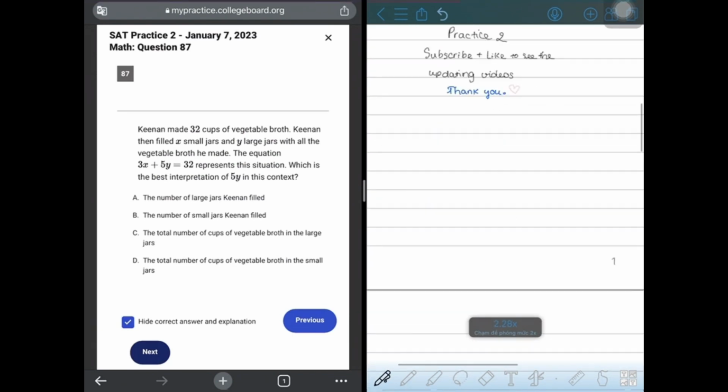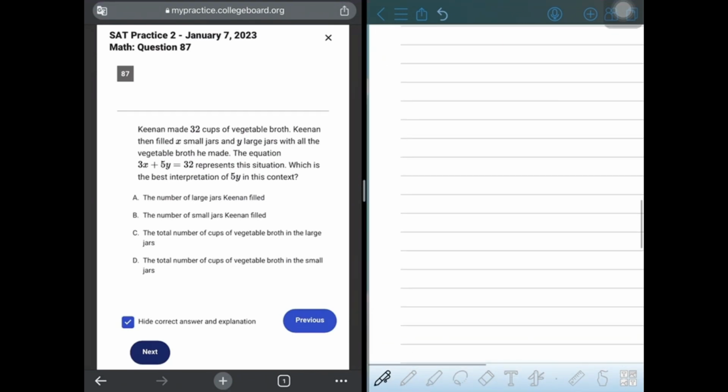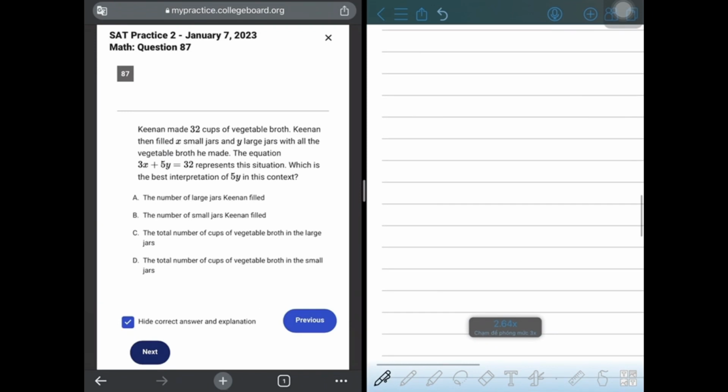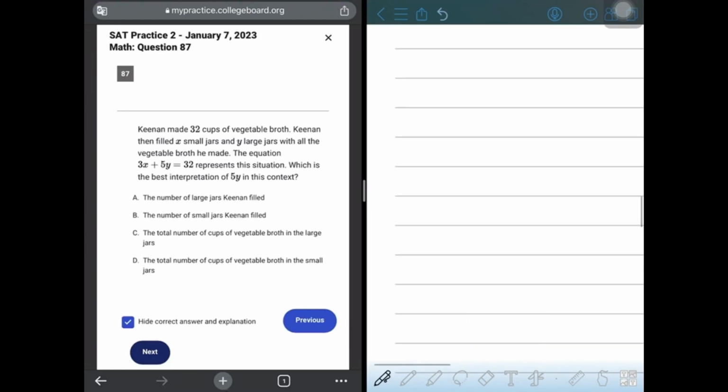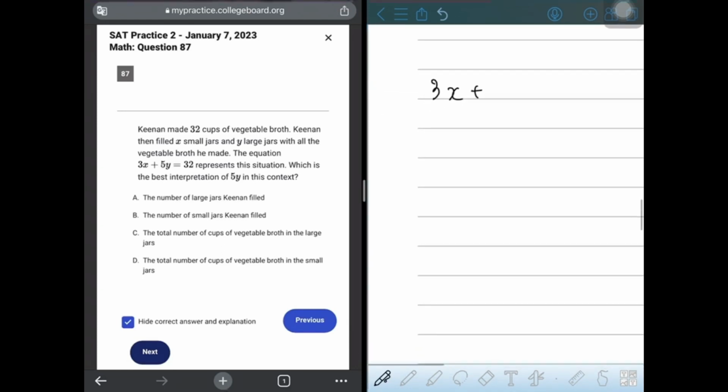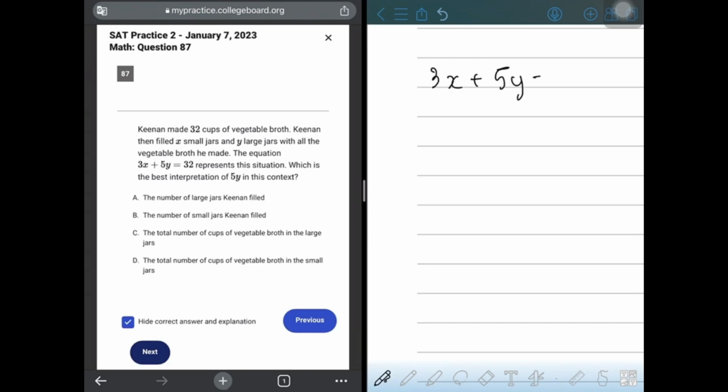Okay. And now we go to number 87. We have the equation 3x plus 5y equals 32. They ask the interpretation of 5y.